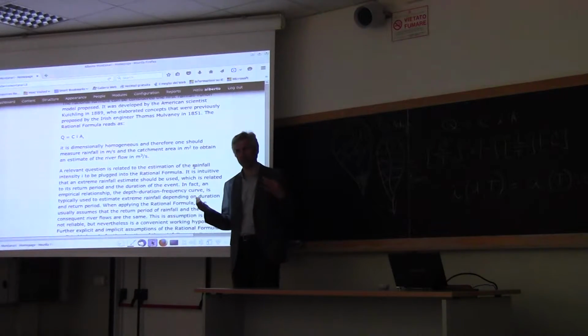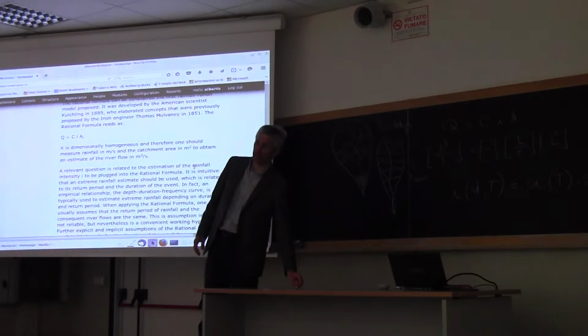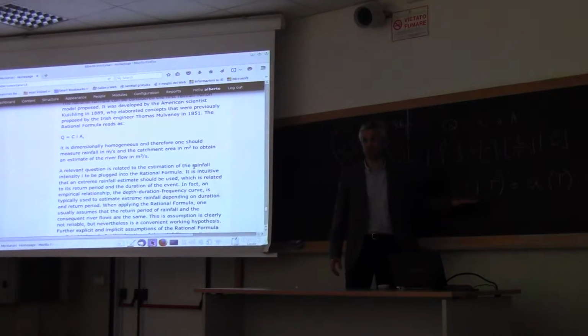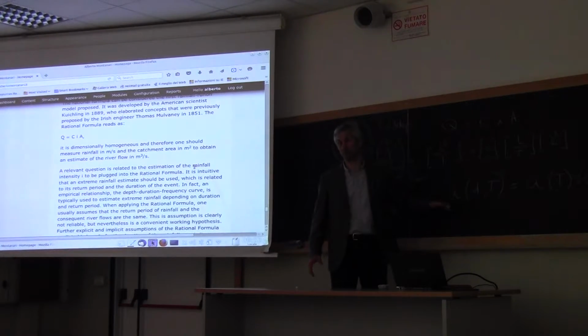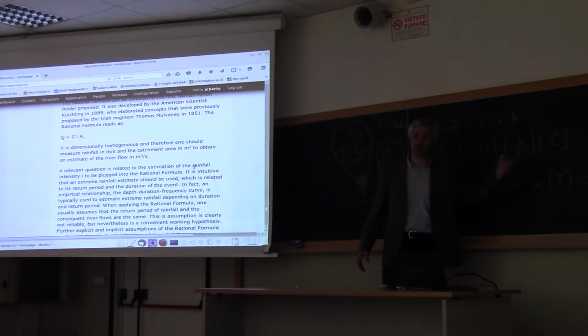It typically depends on the location. Here I didn't include the location as a specific independent variable, because I'm implicitly assuming that I'm referring to a given location. So this is the formula. You see that it's very simple. The problem is, of course, to estimate these parameters.